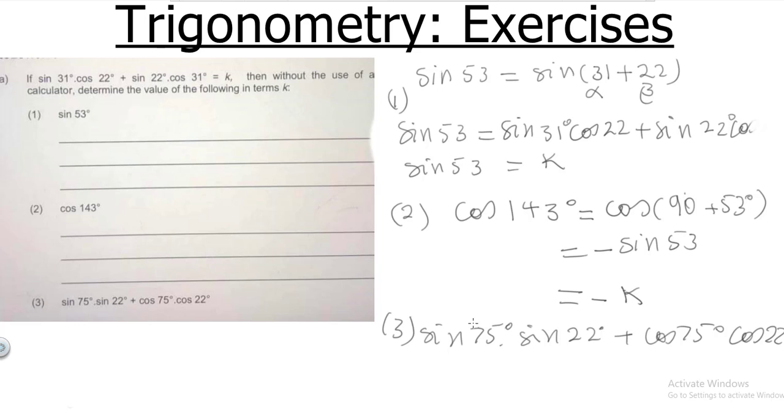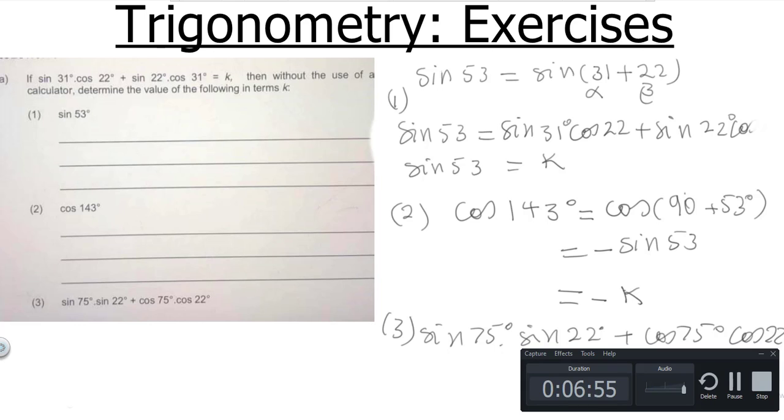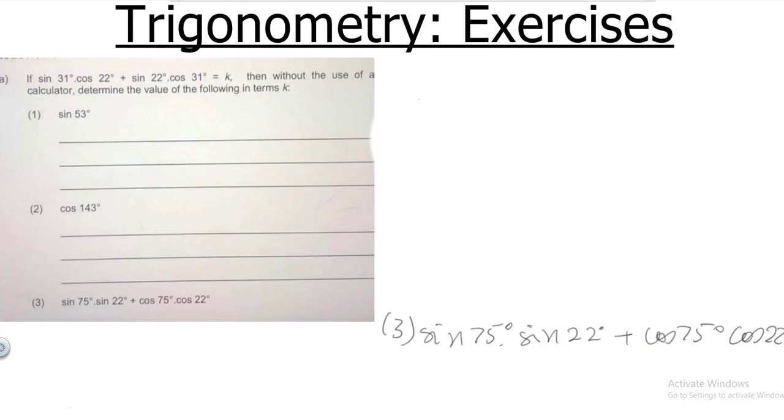Now, how are you going to proceed for this? What I would like you to do is pause the video and then come back so we can continue. When you look at this, you can think about this number, because 75 is 45 plus 30.